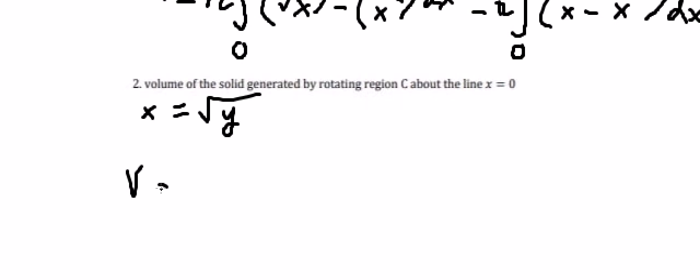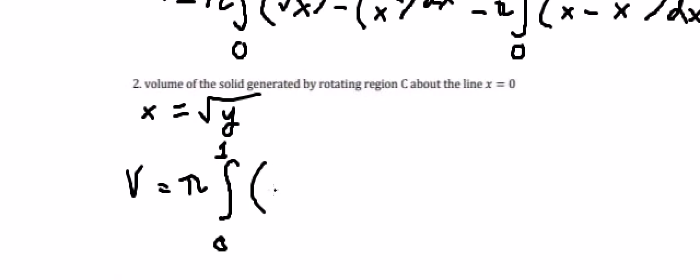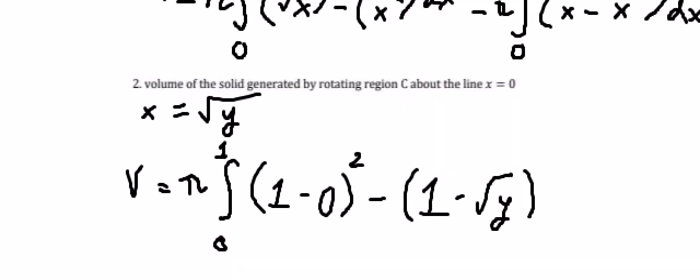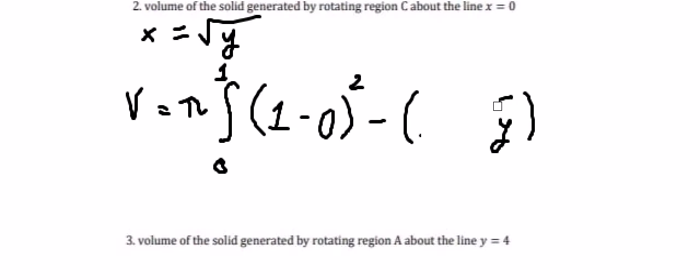So the volume should be pi multiplied by the integral from 0 to 1 of 1 minus 0 to the power of 2, and we have 1 minus the square root of y, this one minus 0 here, so the square root of y minus 0 to the power of 2 dy.